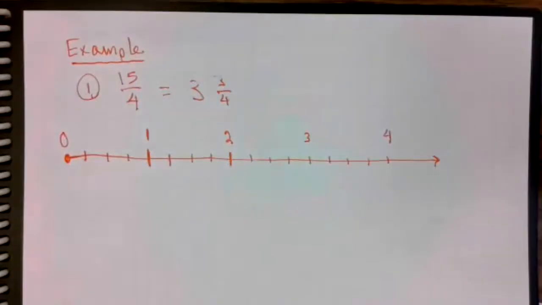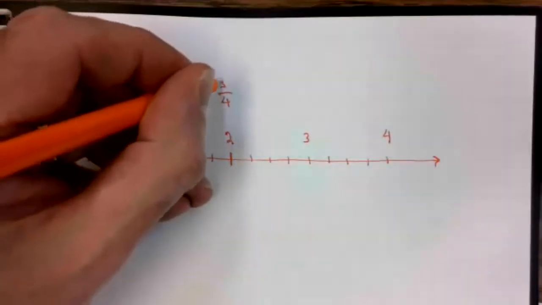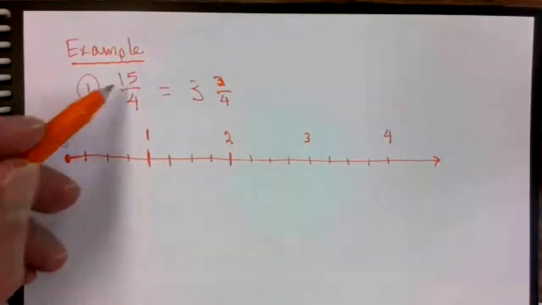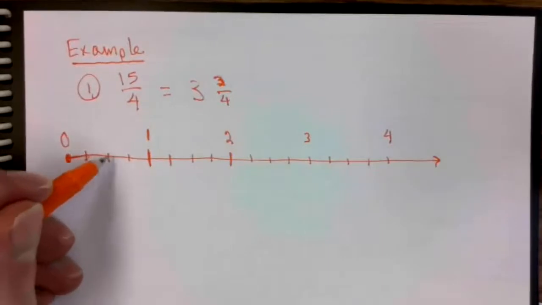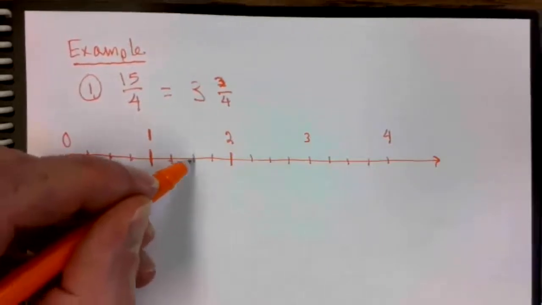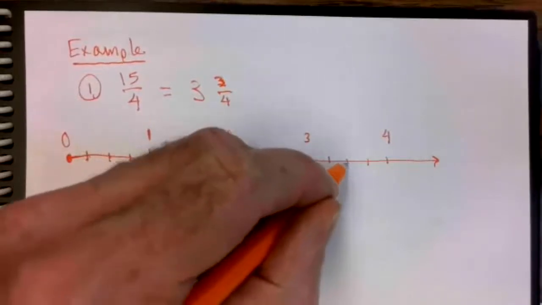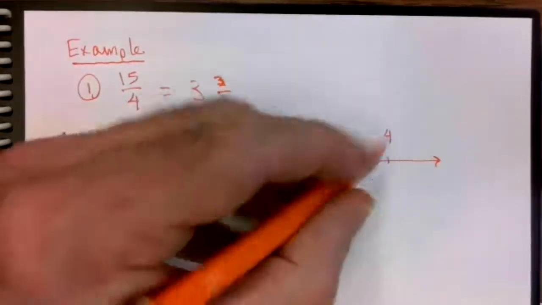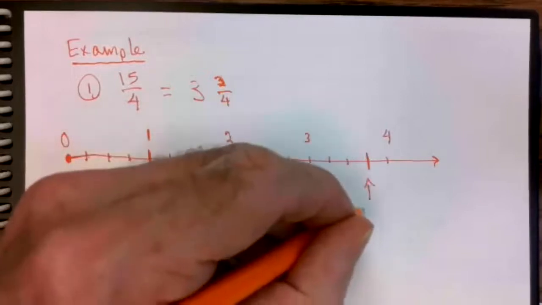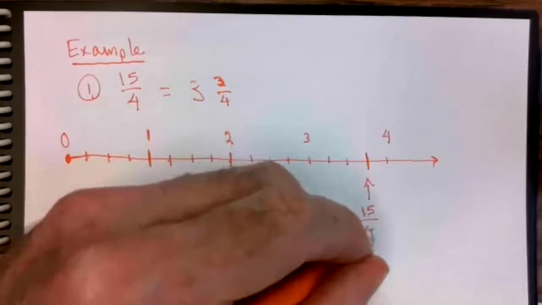I probably don't need to go that far. Okay, but if I were to count 15/4, just like this says, 15 of these, 1, 2, 3, 4, 5, 6, 7, 8, 9, 10, 11, 12, 13, 14, 15. Okay, that's 15/4 right there.